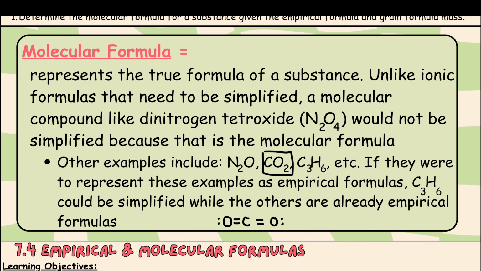Okay, so every carbon dioxide molecule is going to have a carbon with two oxygens attached, covalently bonded to it. So this is going to be different than what your ionic compounds are because they're not bonding in the same exact way. Okay, so the molecular formula is just representing the true formula of the substance, exactly how many atoms are within that structure.